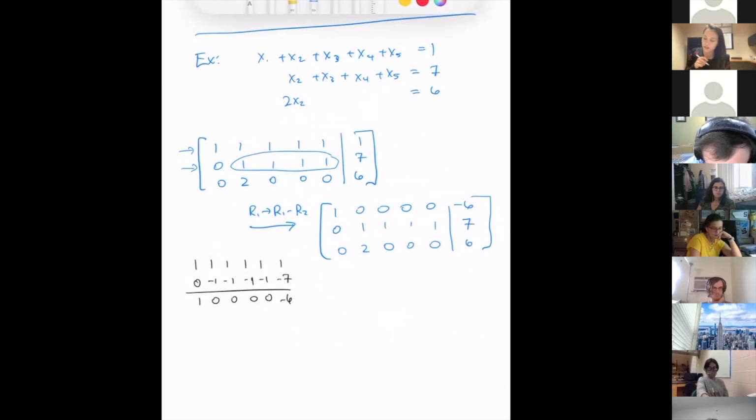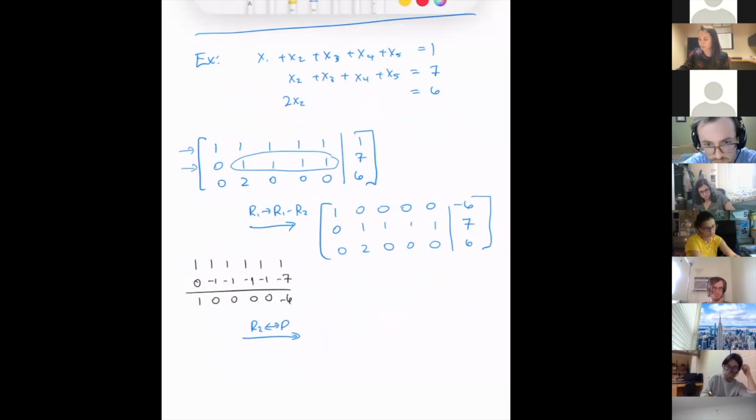And then what we can do is swap row 2 and row 3. Wait, is that what I want to do? Nah, in fact, no. Let's see.